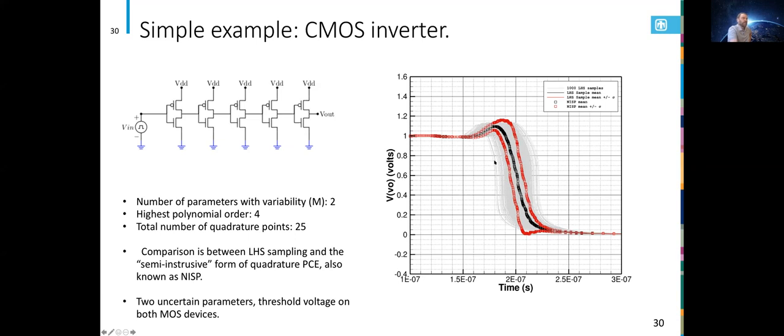From the samples, I computed both the mean and the mean plus or minus sigma. And then I also did this calculation using one of the semi-intrusive quadrature-based PCE methods. What you see here is that the mean and the mean plus standard deviation from the sampling and from the PCE method basically lie right on top of each other.